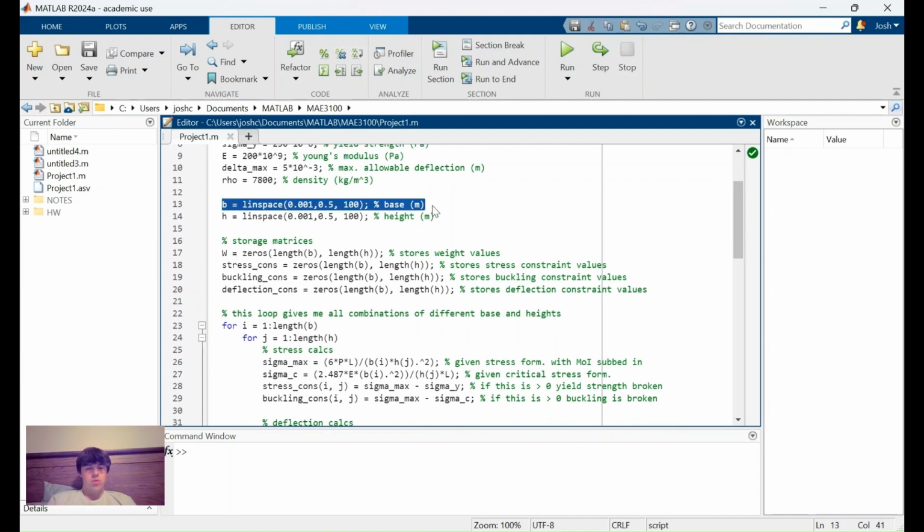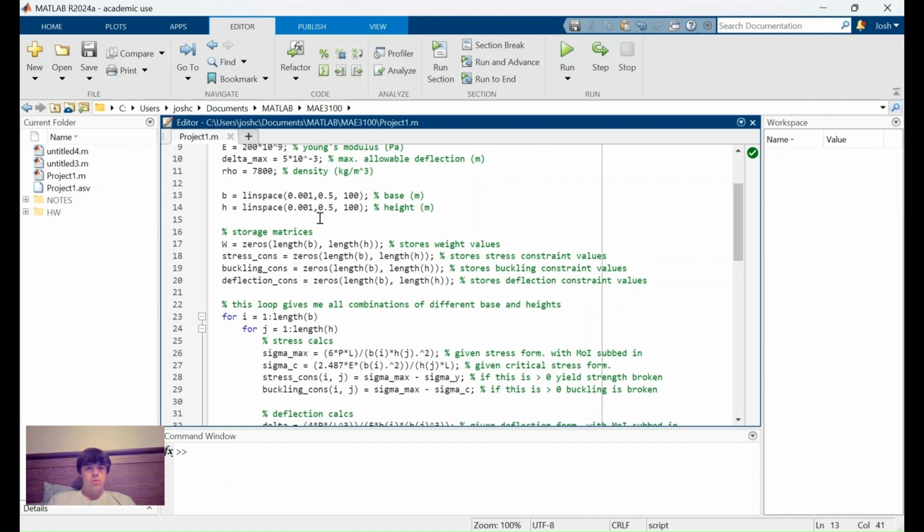First, we create our boundary for our contour. Our base can go from 0.001 meters, which would be 1 millimeter, to 500 millimeters, and our height from 1 millimeter, same for the height, with 100 instances.